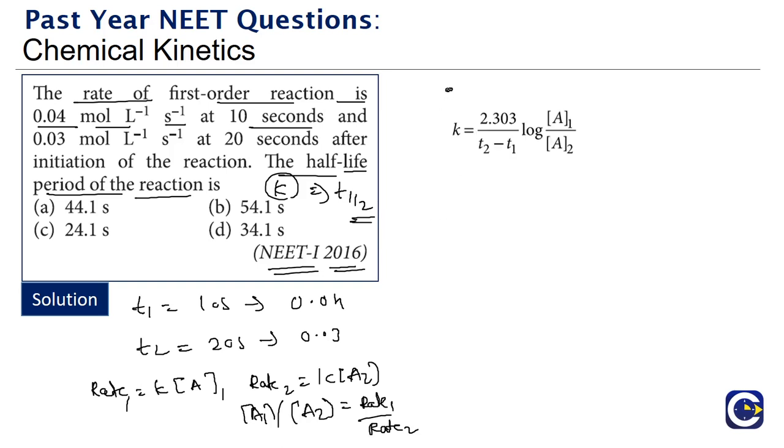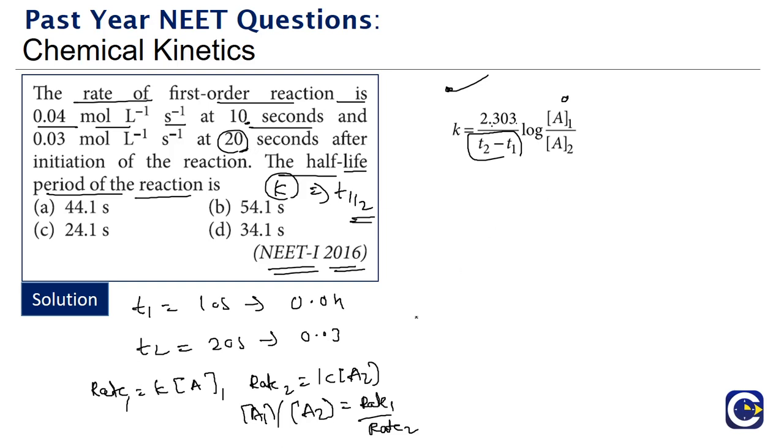The first order reaction rate expression is K is equal to 2.303 divided by time. The time difference between the two stages is T2 minus T1, 20 minus 10, into log of A1 by A2. A1 is the initial concentration at the first interval, 10 seconds, and A2 is the final concentration at 20 seconds.